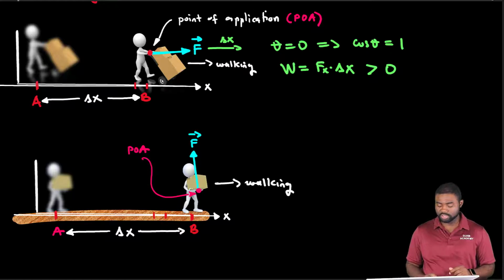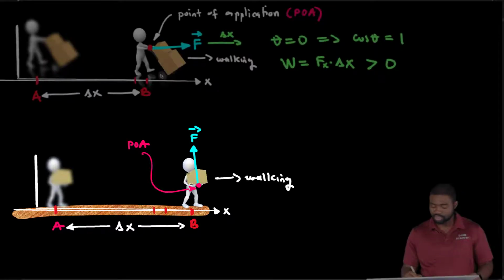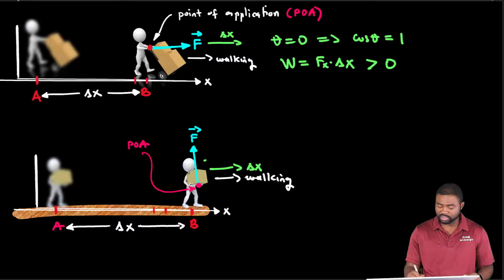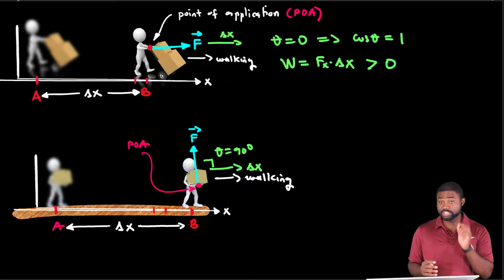Now, let's look at case B, in which this is the direction of the displacement of the object, but this is the direction of force. You see that the angle is perpendicular. In this case, theta is equal to 90 degrees. Look carefully. In this particular case, there is a force and there is a displacement. So the question is, will there be work done?